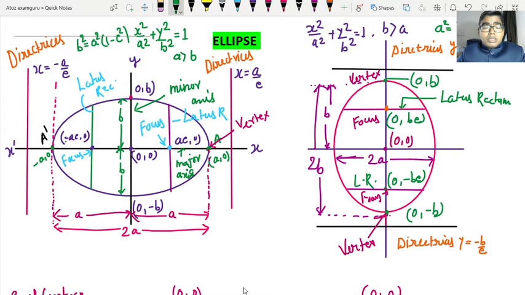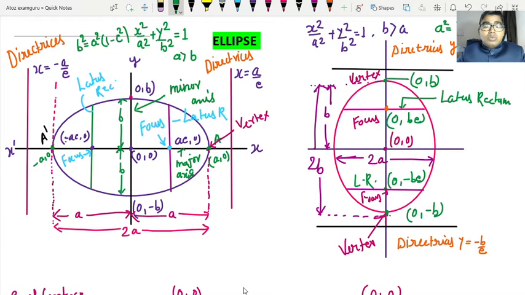And this axis, right friends, the x dash axis in which a and a dash is written, is called the major axis because this is bigger than the other one, and the y dash axis is called the minor axis in this case. The total length of the major axis is 2a.